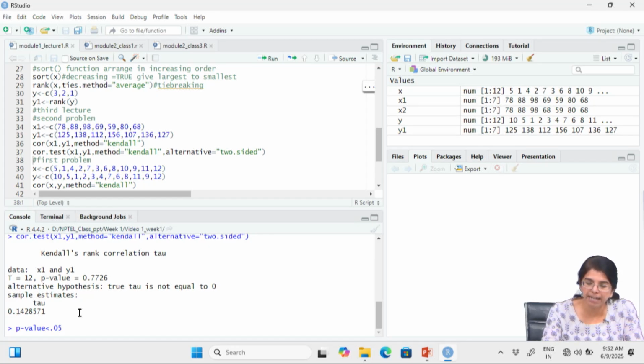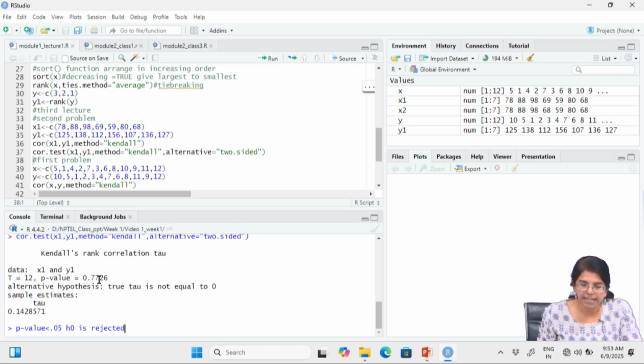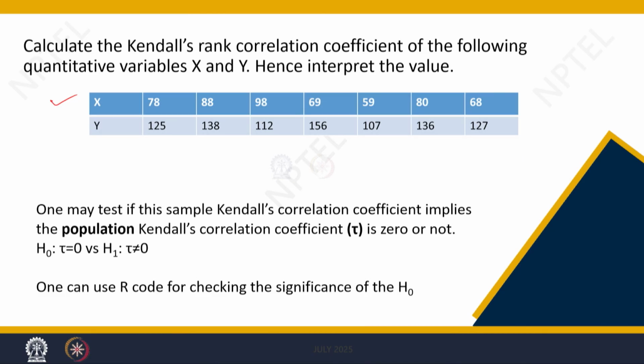If it is less than alpha, then H naught is rejected. But here in this case, we can see that p value is bigger than alpha, so H naught is accepted. So, what is H naught? That true tau is equal to 0. H naught generally we write like that.